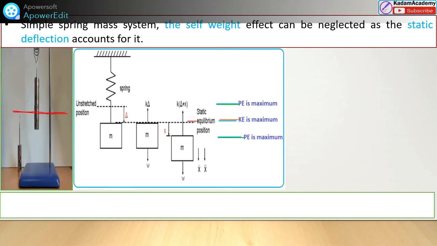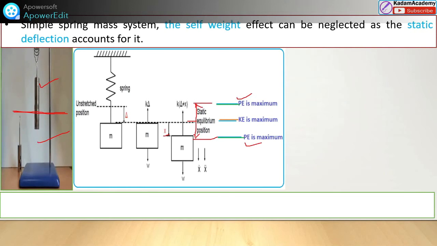Here is the maximum deflection on both sides. When the spring is deflected by X on this side, and again X on the other side, the potential energy P is maximum at both extreme positions.